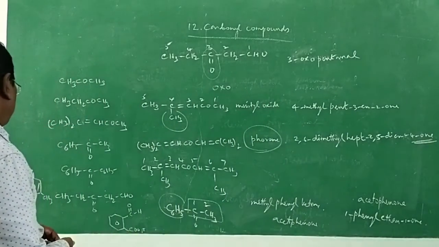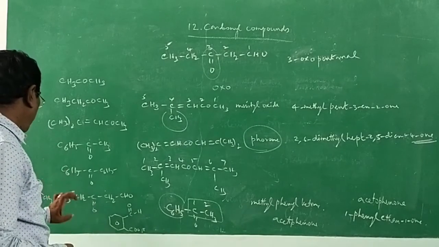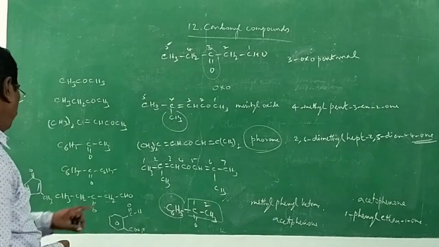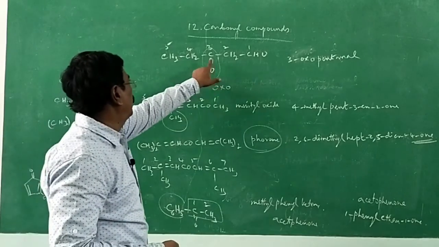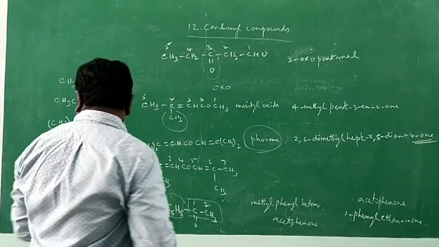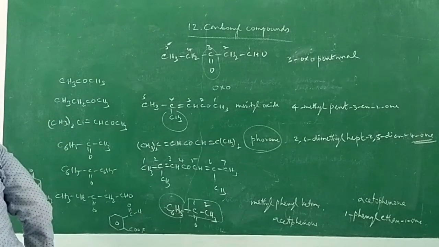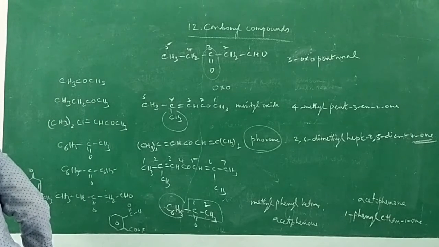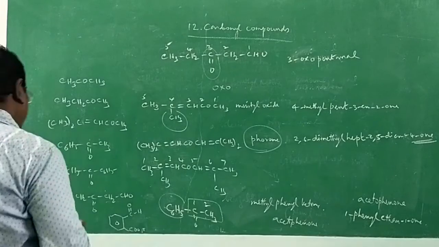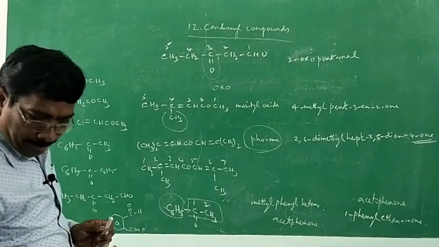All right. So this is how it gets the name for this compound. 1, 2, 3, 4, 5. At the third carbon atom, 3-oxopentanal. Pentanal, the al is at the first carbon atom. And then next compound, 3-oxopentanal.